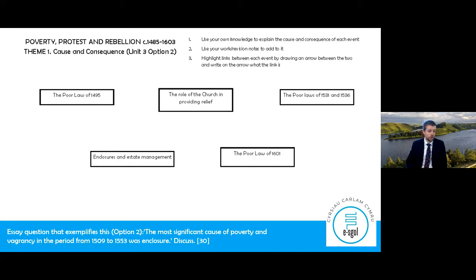Now, one little thing I would just remind you of here is that in this question it is 1509 to 1553, so the cause and consequence of the poor law of 1601 would not be relevant to that question because it's outside the time frame of that question. But nevertheless, an activity like this will really help you build your understanding of how to answer that question, as it's looking for the cause of that.